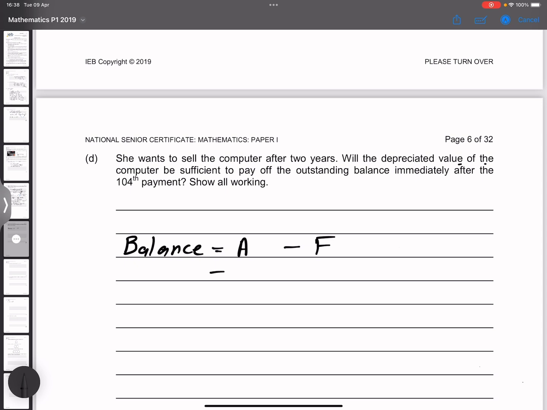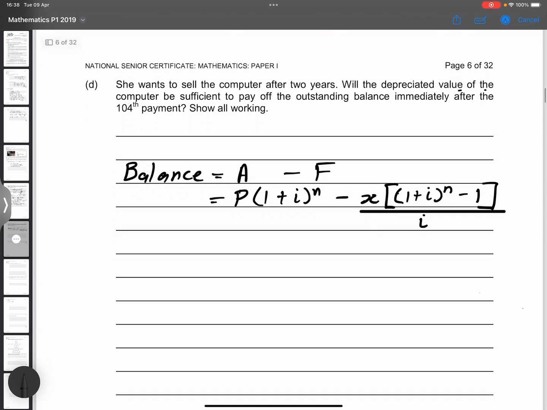The accumulated amount will be P into 1 plus i exponent n, minus, now remember the future value formula, that's x into 1 plus i exponent n minus 1, all over i. Okay, so let's try and do that. And we'll talk about this n just now.